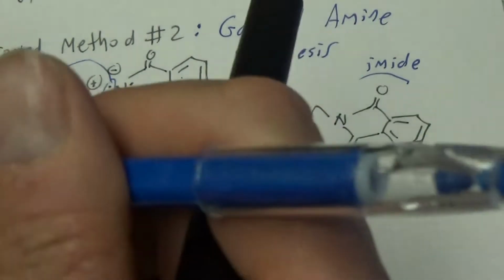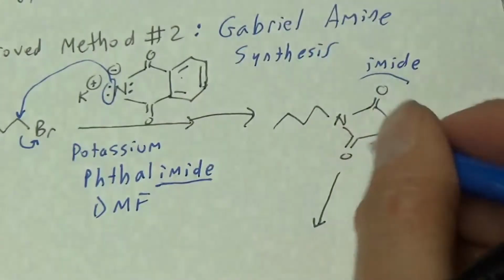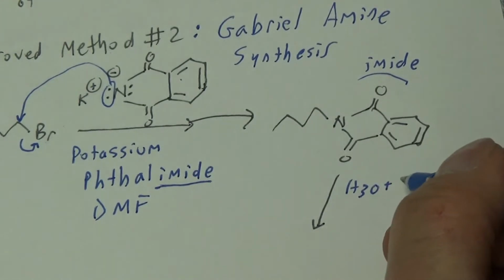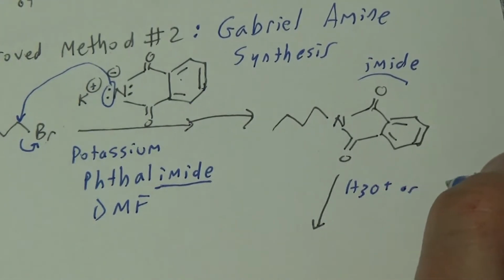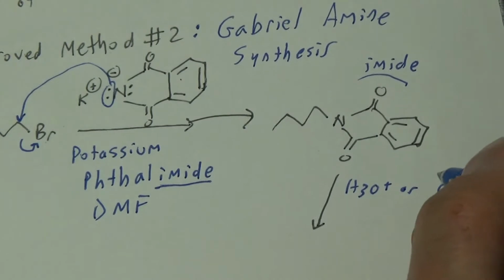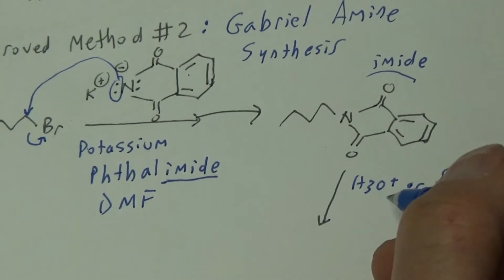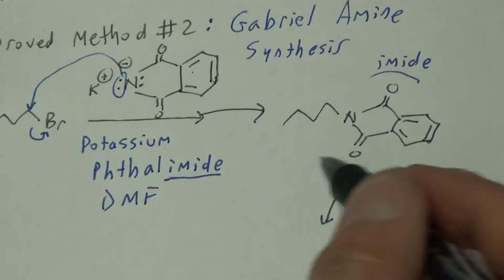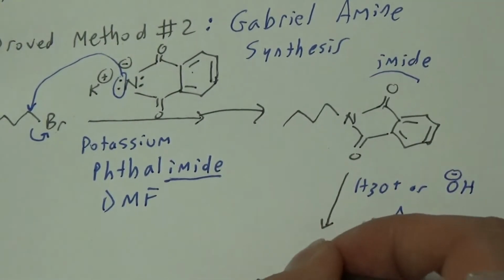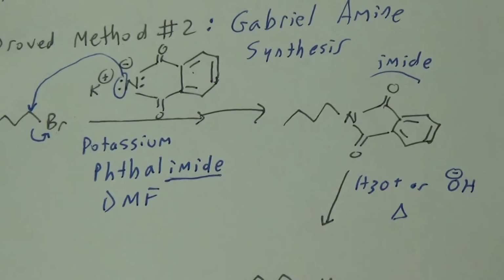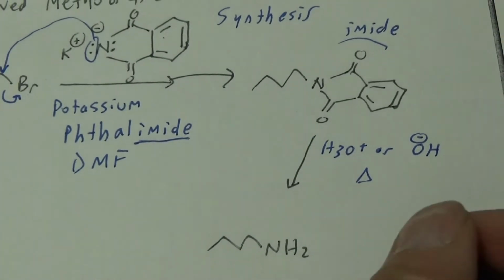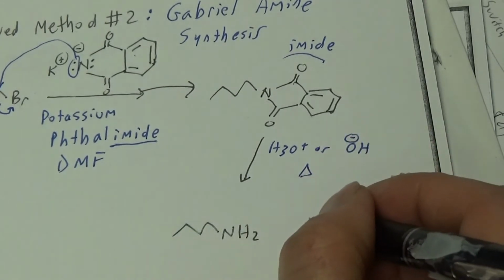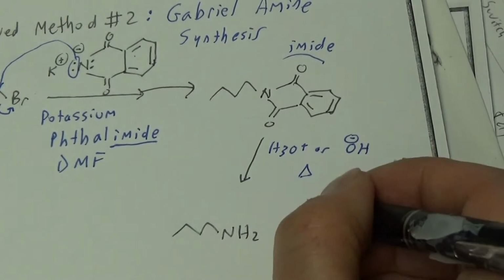So we can either use H3O plus or OH minus, and usually a little bit of heat, and that will end up cleaving this all off, and you get what we wanted in the first place, which is the primary amine. And of course these both get cleaved to carboxylic acids, so you get this dicarboxylic acid.